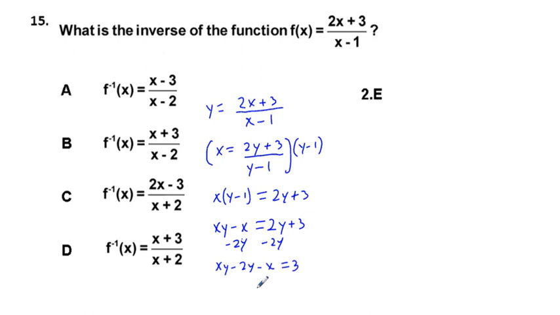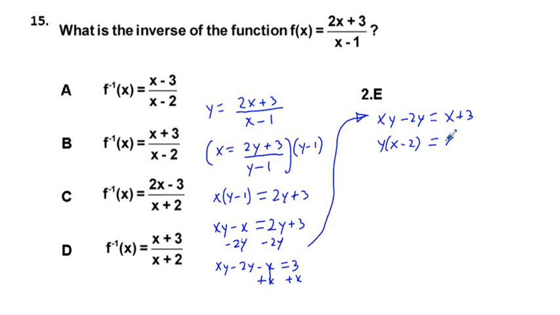Now if we add x to both sides of this equation, we have xy minus 2y, and on the right side, we have x plus 3. And now if we factor out a y times the quantity x minus 2, it is equal to x plus 3.